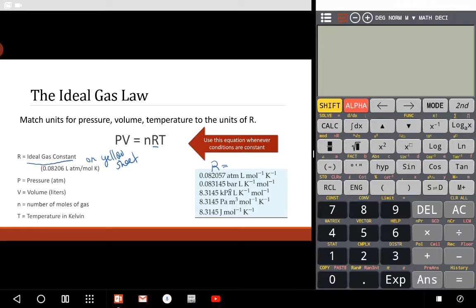So you can always pick your R to match your units so that you don't have to do as many unit conversions. If you are using this R, which is in liter atmospheres per mole Kelvin, this tells you that in order for your units to cancel, your volume has to be in liters, your pressure needs to be in atmospheres, and your temperature needs to be in Kelvin, and moles of gas always needs to be moles of gas.